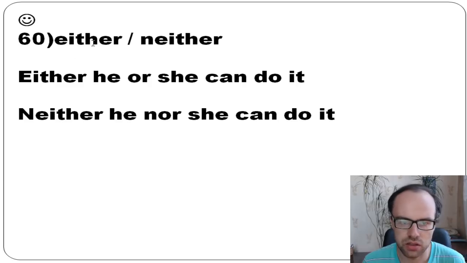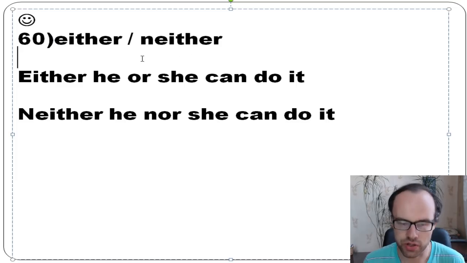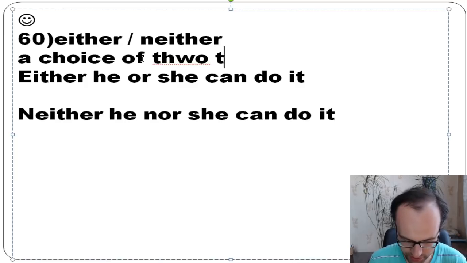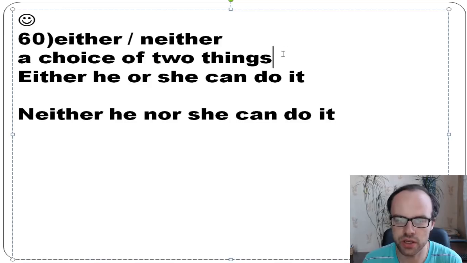Good. Next. You know that people pronounce these words differently, either neither or either neither. It depends on British or American pronunciation. When there is a choice of two things, we say either or.